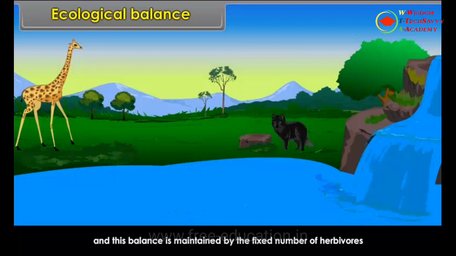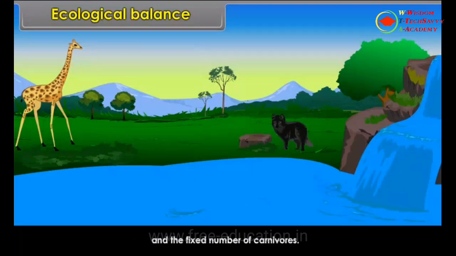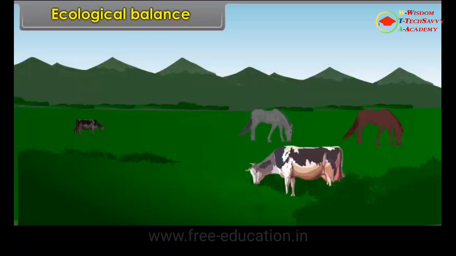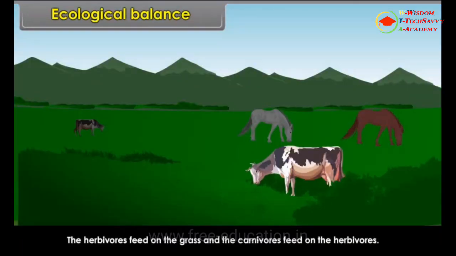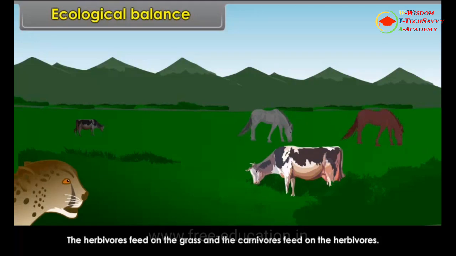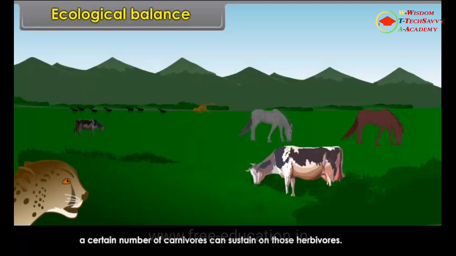The herbivores feed on the grass and the carnivores feed on the herbivores. On a particular grassland, a certain number of herbivores can sustain, and in turn, a certain number of carnivores can sustain on those herbivores. Thus, in the state of ecological balance, the living organisms remain almost stable.